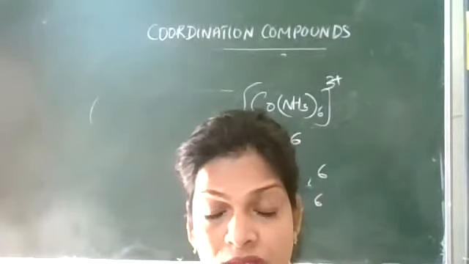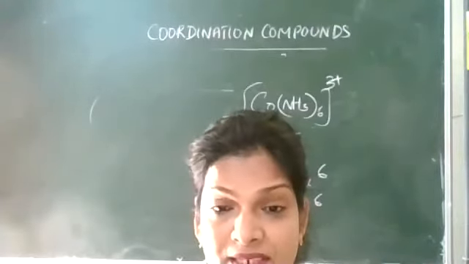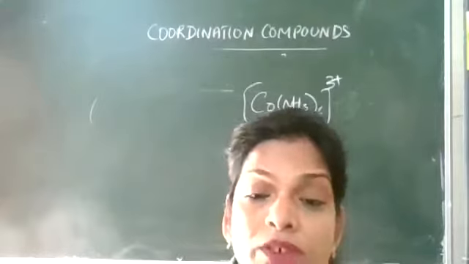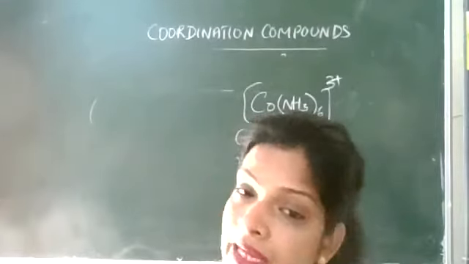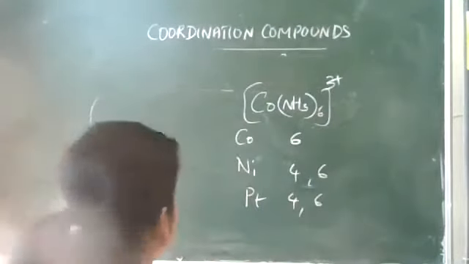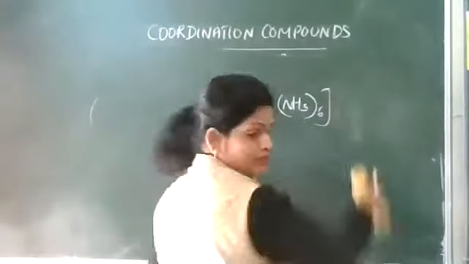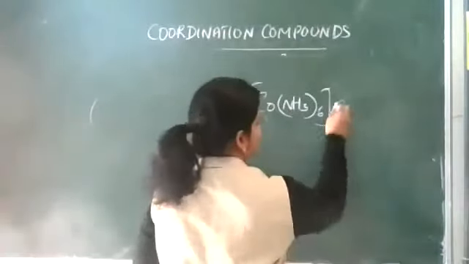I showed the structure. Here it is a molecule, NH3. NH3 is a molecule which is bound to the central metal atom. It can be ions. How can it be ions? You see, if I remove this 3 plus and write Cl.